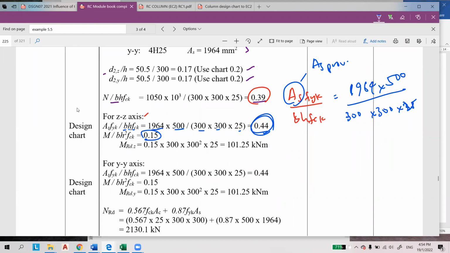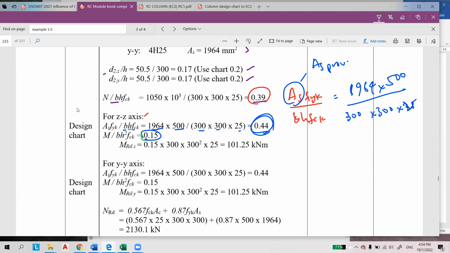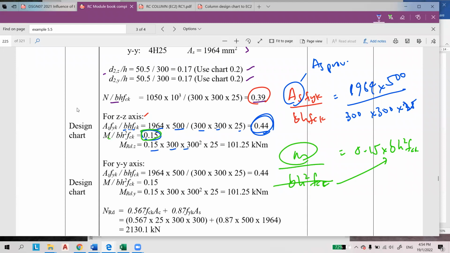I hope you are clear on how to get this value 0.15. We want to know the value of the moment now, so M over b h squared fck equals 0.15. We bring it to the top, times b h squared fck. So this is the calculation and this is the value.